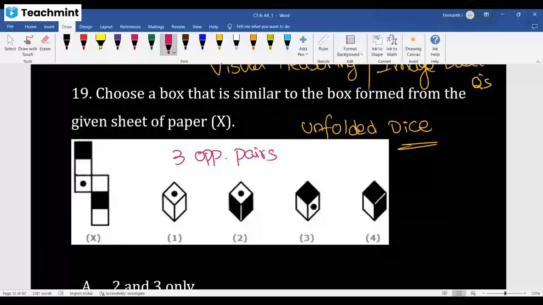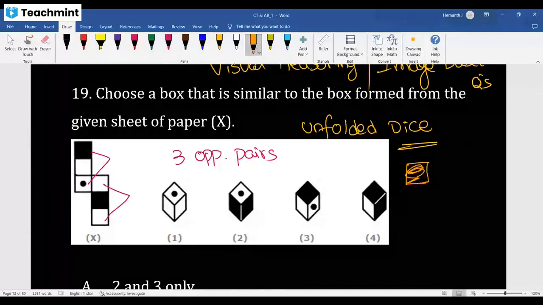These alternates. This one and this one is an opposite pair: the shaded one and the dot. These two whites are an opposite pair. Two empties are an opposite pair. The remaining white and shaded are also an opposite pair. There are three opposite pairs. Row wise and column wise alternates are opposite.